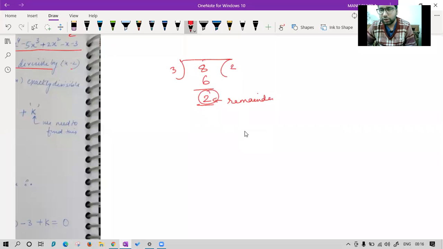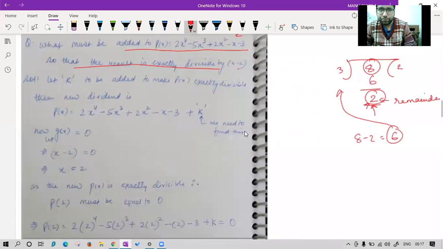So you wanted this remainder to be 0, but it came as 2. What will you subtract from 8, beta? Please confirm. Obviously, we will subtract 2 from 8 because 8 minus 2 is 6, which is divisible by 3. So this sort of analogy will help you in this kind of questions.